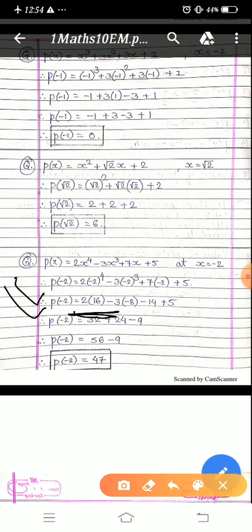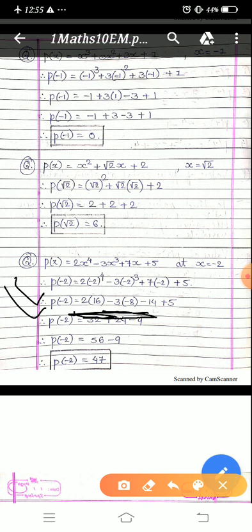And 2 power 4 means 2 into 2 into 2 into 2, multiplication of 2 four times, that means 16. So 2 into 16 will be our first term. The next term will be minus 3 as it is, minus 2 cube. Now see, minus cube means a negative sign with an odd power. Whenever an odd power is there, that particular sign remains as it is.